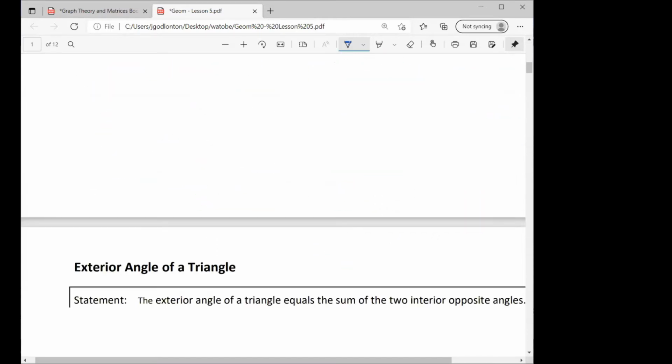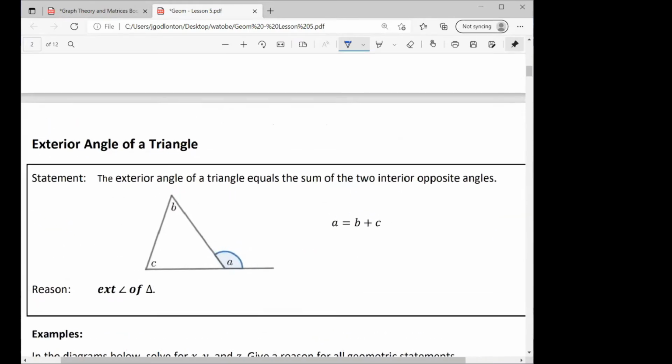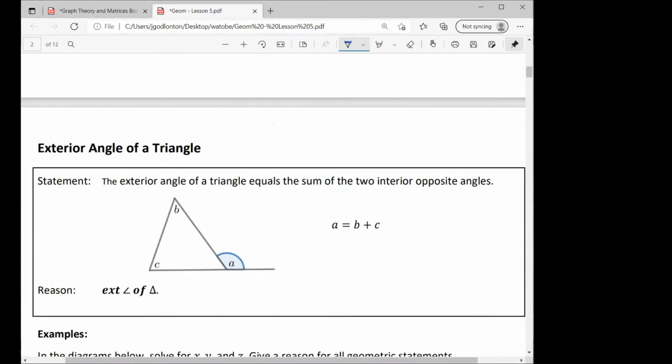All right, so the next one we're going to be learning is called exterior angles of a triangle. I'm going to leave this up here so you can put this in your book or on your piece of paper, wherever you're keeping your rules. The exterior angle of a triangle means that this outside angle, that's what exterior means, is equal to the sum of these two interior angles.